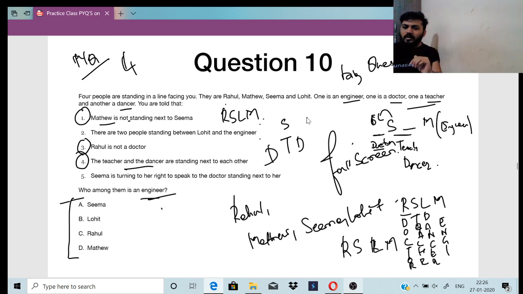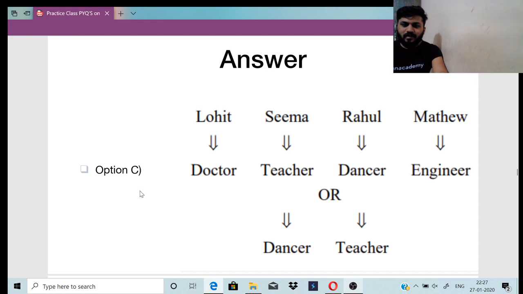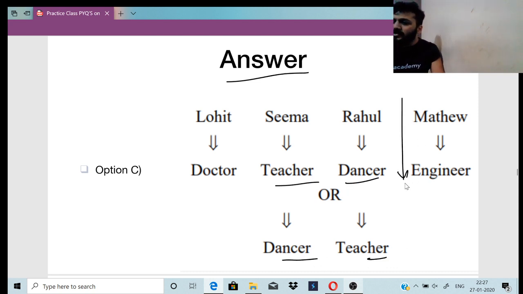So DTD is done, Matthew is left, so he will be the engineer, right? So Matthew is an engineer. Thank you, Saurav. So the answer, see, it is Lohit, Seema, Rahul, Matthew, or you can also name it as Rahul, Seema, Lohit, Matthew. They can be either teacher or dancer. So Matthew is an engineer, right?